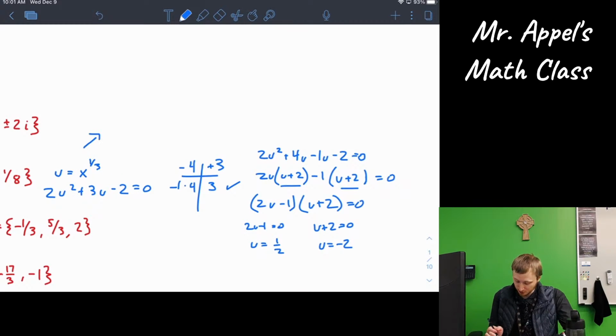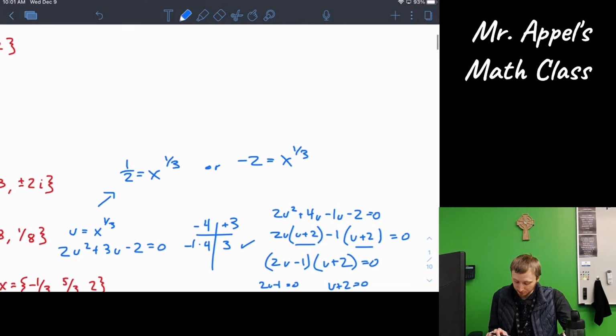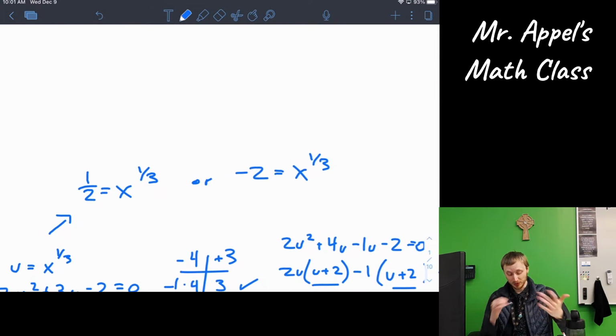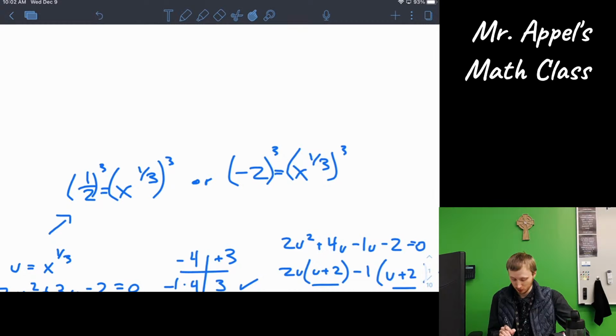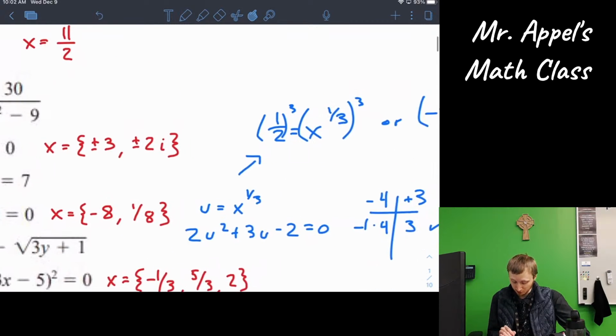So now we bring back this equation. We say, okay, if 1/2 equals x to the 1/3, or -2 equals x to the 1/3. All right? And so to solve for x, to undo that to the 1/3 power, just raise everything to the 3rd power. And then 3 times 1/3 is 1. So 1/2 to the 3rd and -2 to the 3rd gives us, where'd they go?